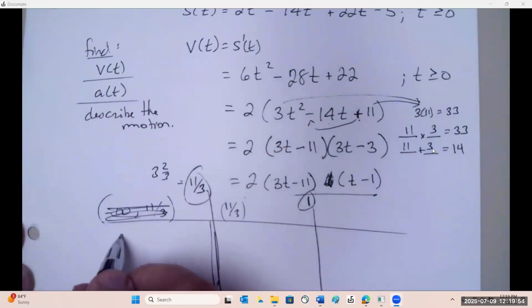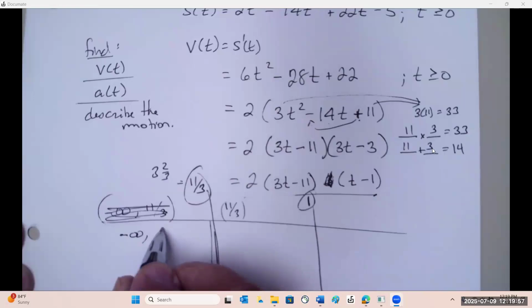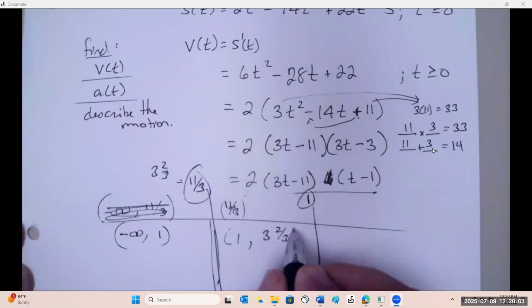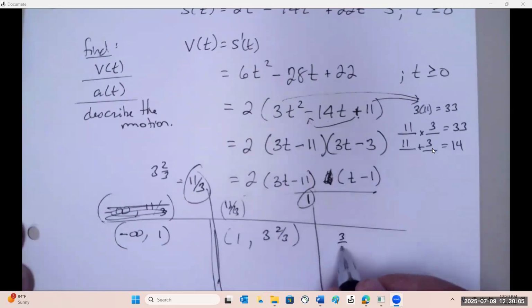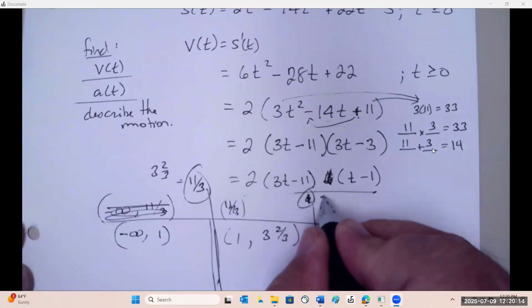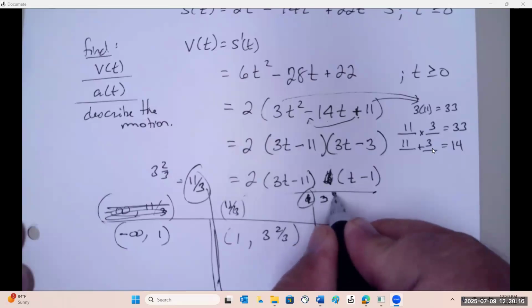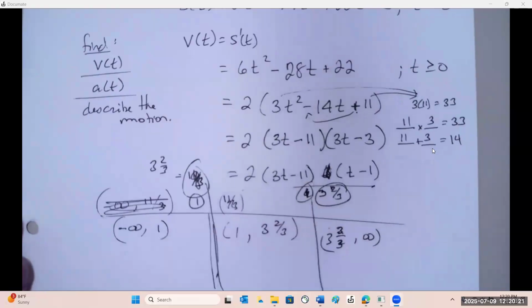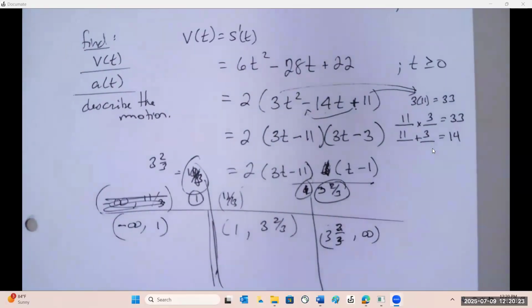So it's negative infinity to 1, 1 to 3 and 2/3, and then 3 and 2/3 to infinity. So my critical points are at 1 and 3 and 2/3.